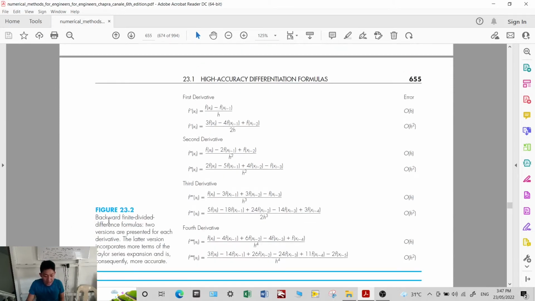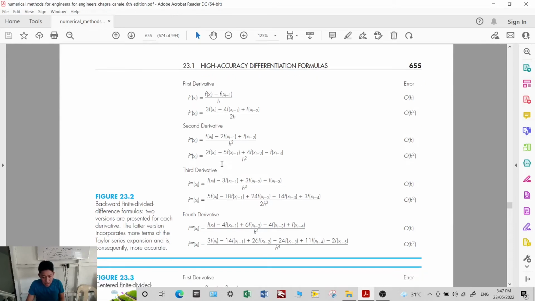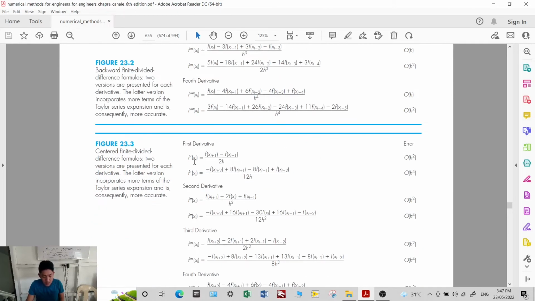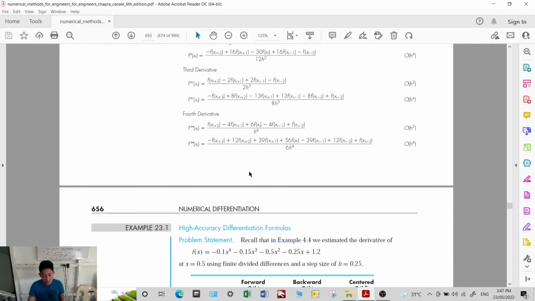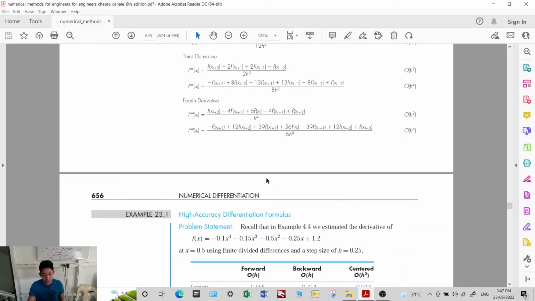For the backward difference, these are the corresponding formulas, as well as for the centered difference. If you have more time, you can derive these by following what we discussed previously.